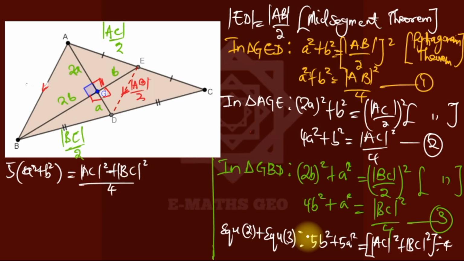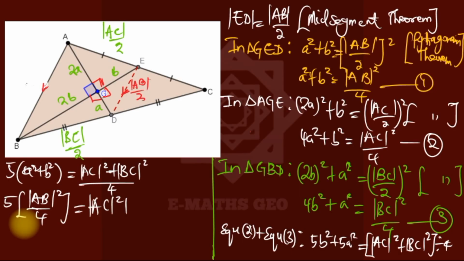But from equation 1, we have an expression for a squared plus b squared. So we can replace it with AB all squared over 4, which is equal to AC squared plus BC squared over 4.